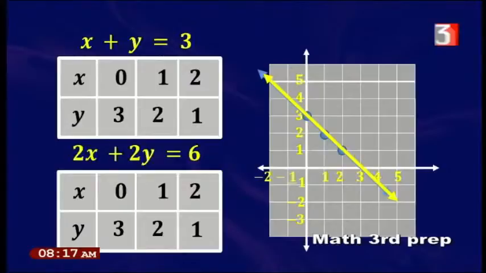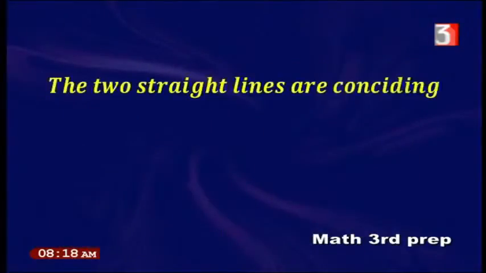You are going to notice that the second straight line is coinciding with the first one. What's the meaning of coinciding? It means that they will appear as one straight line. They are on each other, over each other. So they appear as one straight line. In this case, we can say that these two straight lines are coinciding.